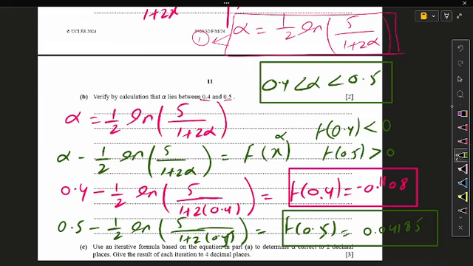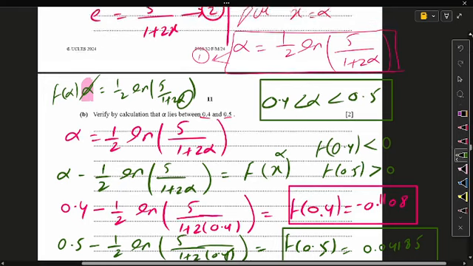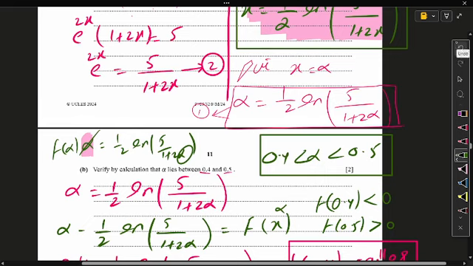Some of the students made a mistake: they consider f equal to ln of 5 over 1 plus 2 alpha, and they put in only the value of alpha over here, treating just this part as f of alpha. They are not considering the part that I'm going to highlight. You should not do this, because what you proved in the first part is that alpha is equal to 1 by 2 ln of 5 over 1 plus 2 alpha.